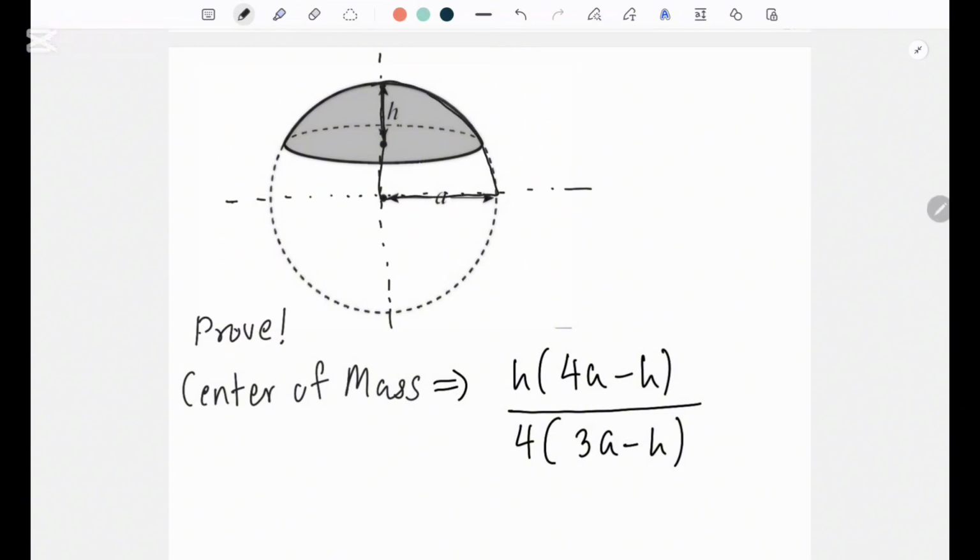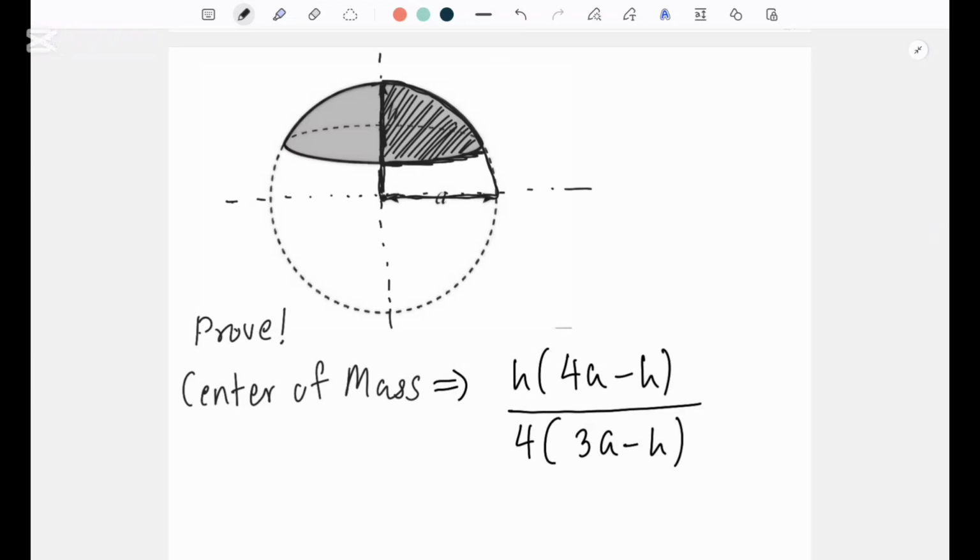If this arc was on an x and y coordinate graph, and this arc with this shaded region is rotated around the x-axis for 360 degrees, it will form this full shape, the chopped section of the sphere. I hope you understand it. If you have any doubts regarding that, please drop a comment.